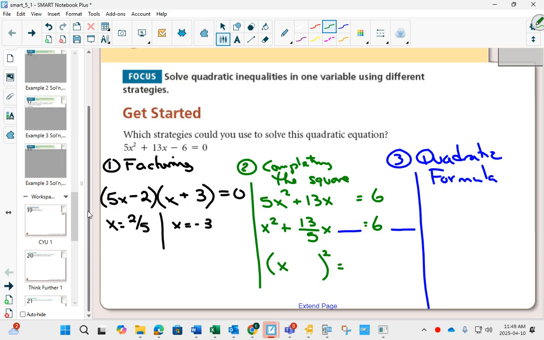And the 13 over 5 is a hint that it would be 13 over 10, half of 13 over 5. And then when you square 13 over 10 and 13 over 10, you'd add 169 over 100, which means you have to add on the other side exactly the same thing.